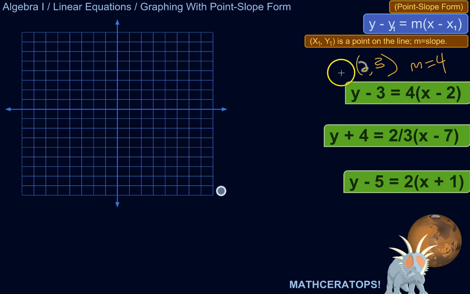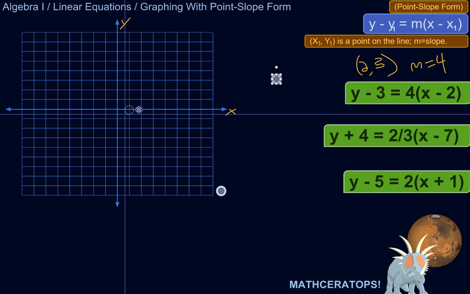So I just extracted this information from the equation, and so let's plot that point that we know, 2, 3. I should probably label the axes. That's the y, that's the x. We'll say these go by ones. So the point 2, 3: x is 1, 2, and y is 1, 2, 3.